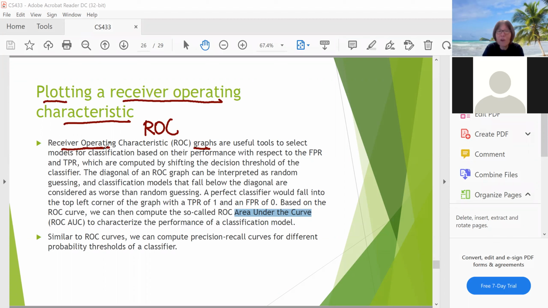It's called the receiver operating characteristic graph. And this is quite a useful tool to select models for classification based on performance. This is regarding the false positive rate and the true positive rate.